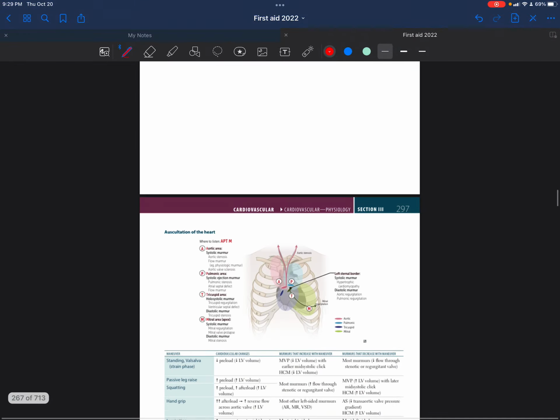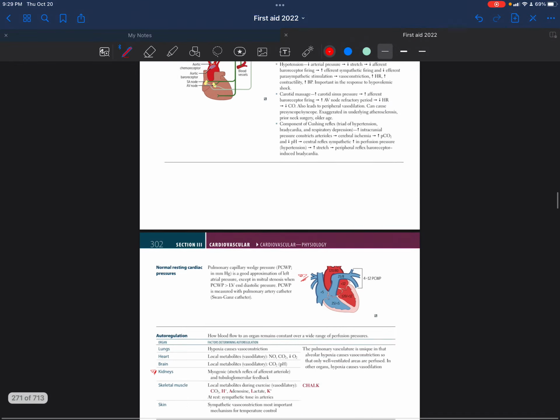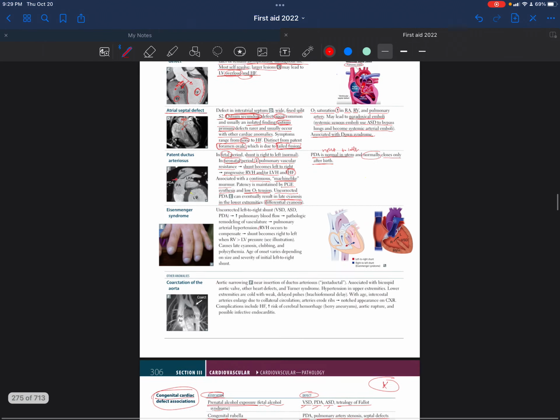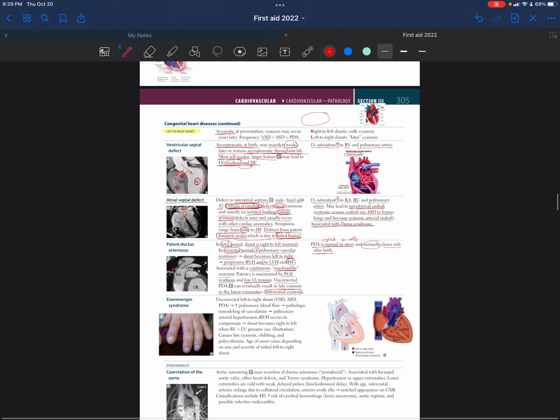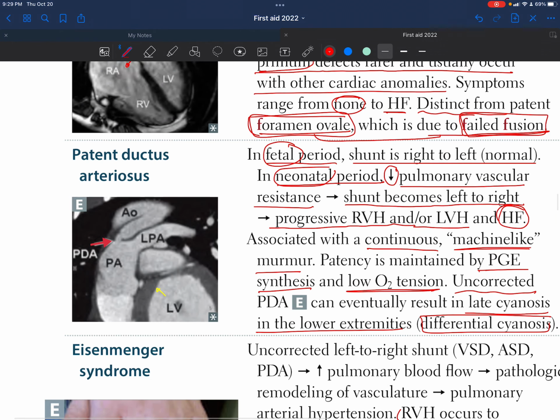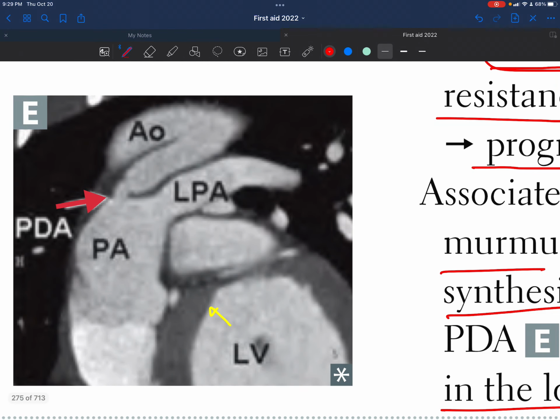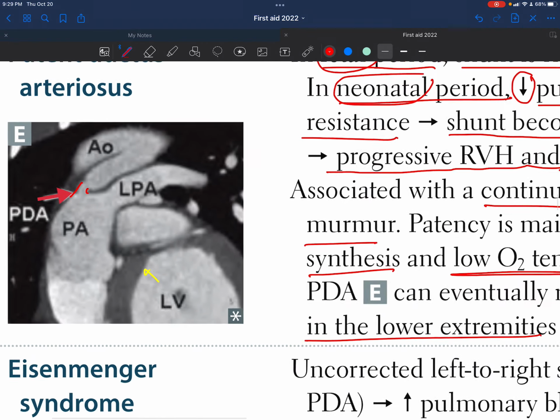And that should explain it. So that's why before birth it's called right to left, while after birth it's called left to right, if it still persists. So basically this is the image, this is the PDA.